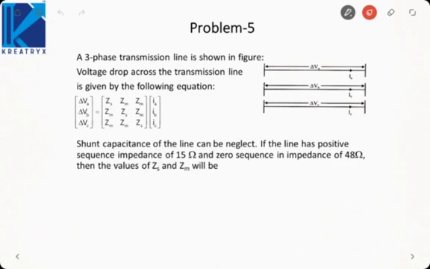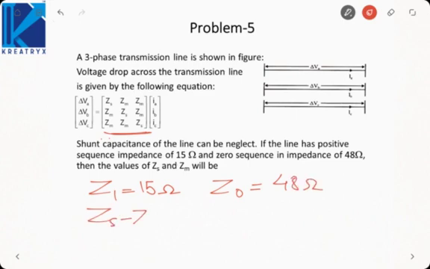In our next problem, it is saying a three-phase transmission line is shown in figure. The voltage drop is given by this equation. This matrix was giving the voltage drop. Shunt capacitance of the line can be neglected. If the line has positive sequence impedance, that is Z1 is 15 ohm, Z0 is 48 ohm. Now we know Z1 is Zs minus Zm, which is 15.